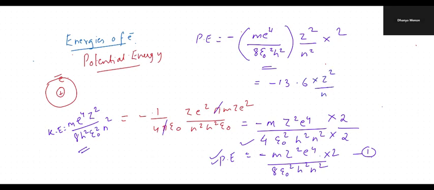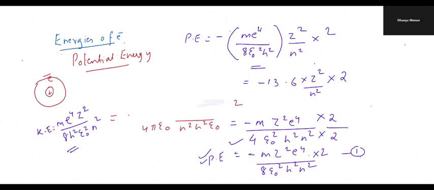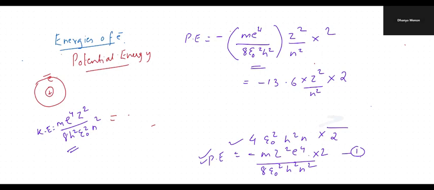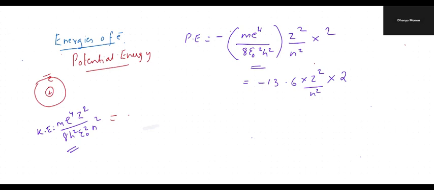We have one more thing, the factor of 2, because the numerator 2 we didn't use. Students, why did we multiply the numerator and the denominator? Just to make it similar to the kinetic energy expression so that it's easy to remember the value. So minus 2 times 13.6 Z square by n square. This is the value for potential energy.